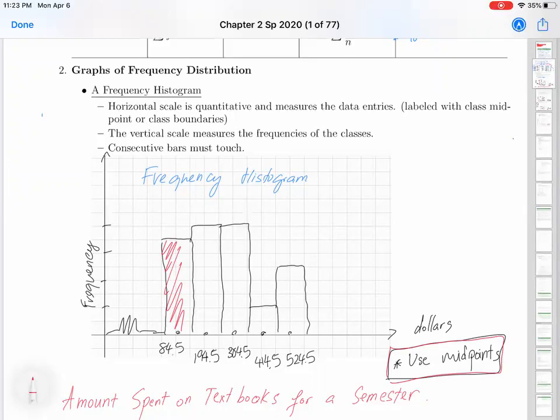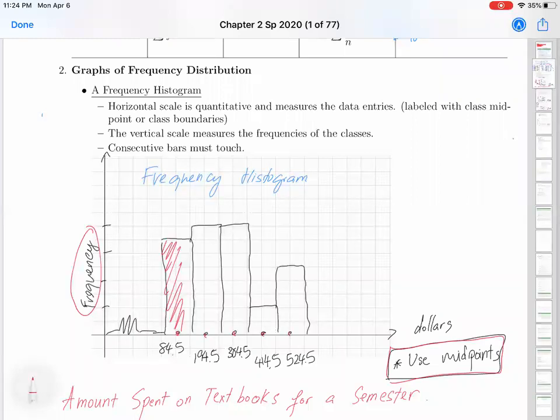And the vertical scale measures the frequency of classes. And again, in a frequency histogram, 2 consecutive bars must touch. All right. So in this graph, I use midpoints to label our horizontal scale.